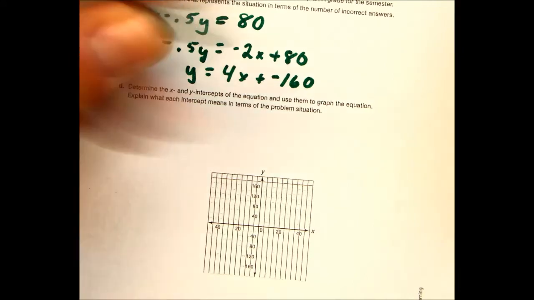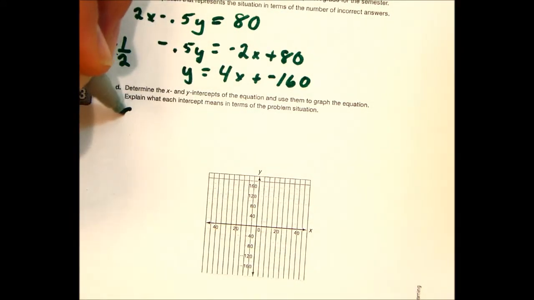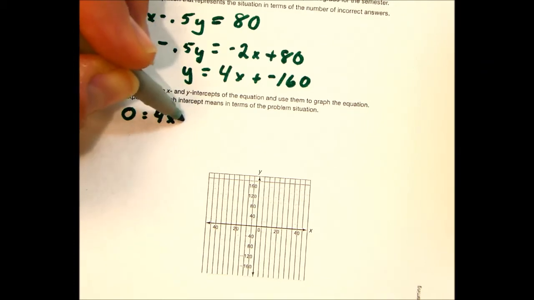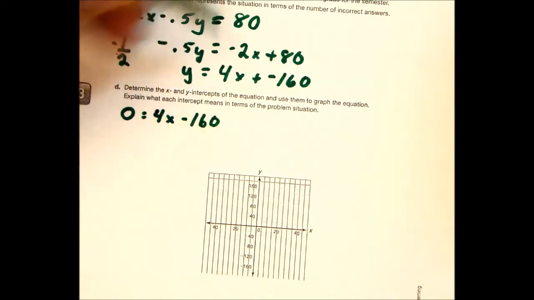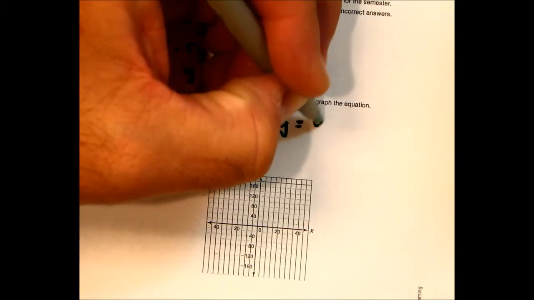So in other words, they want you to do two problems, an x-intercept and a y-intercept. So I put a 0 in for y the first time, and then the second time I put a 0 in for x.